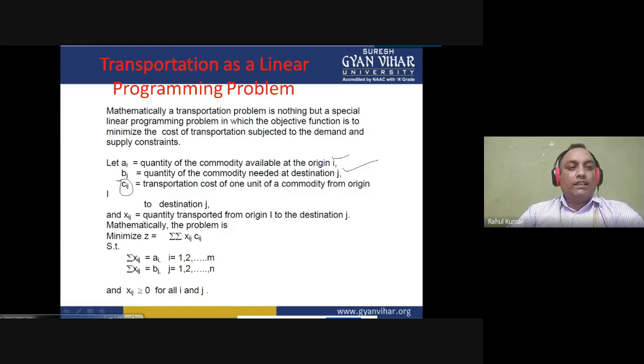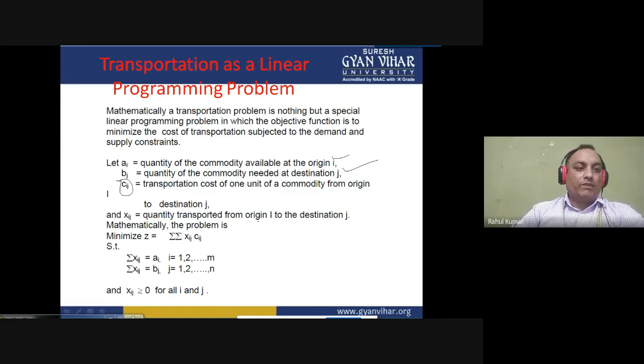And Xij is the quantity transported from origin to destination, meaning how many items are sent from the origin, and how many items are received at the destination, and this quantity is given by Xij. Mathematically, the problem is minimized with the help of a linear programming problem.